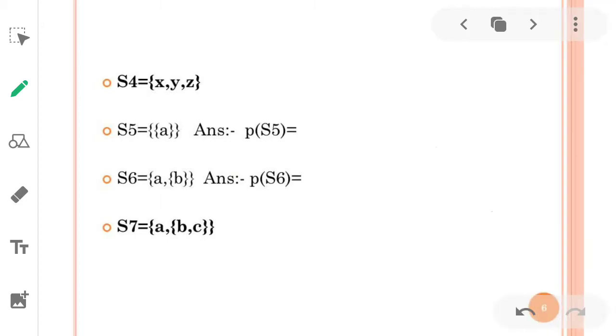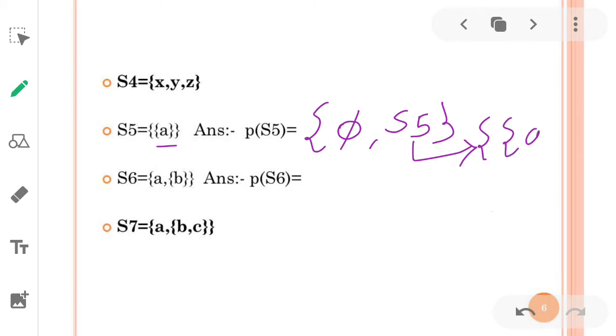Next, S4. S4 is the same as S3. So we will look at S5. S5 contains a single element, the set {A}. So here phi and S5 is the answer, and also I can write in place of S5 the set {{A}}.